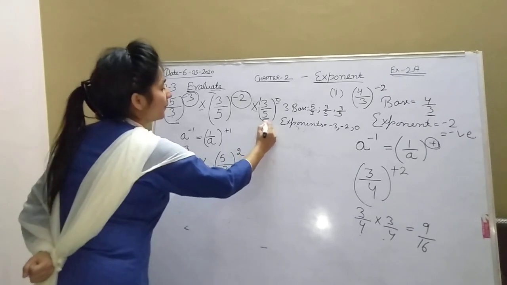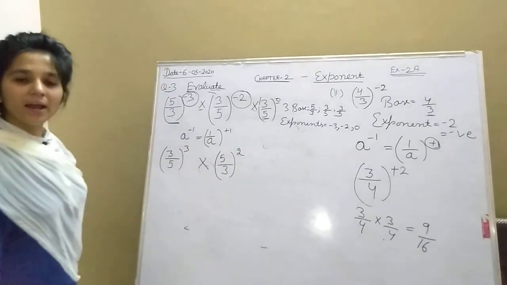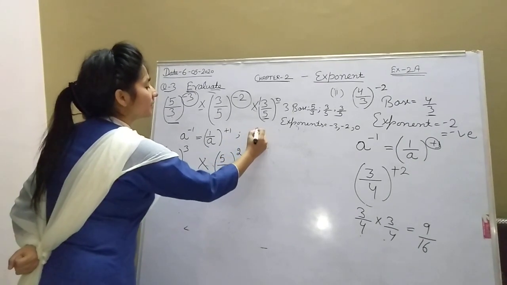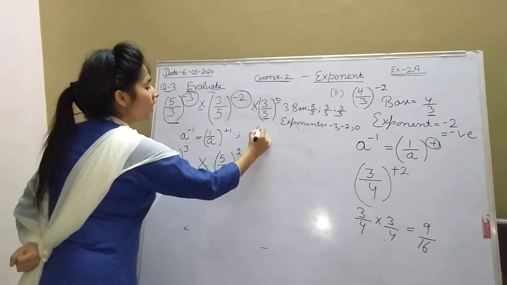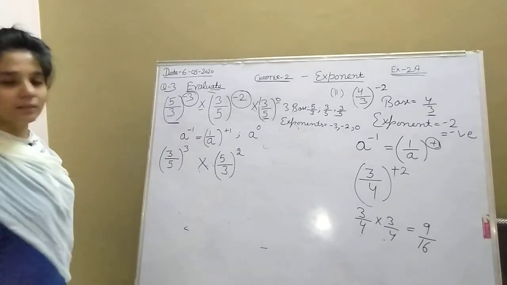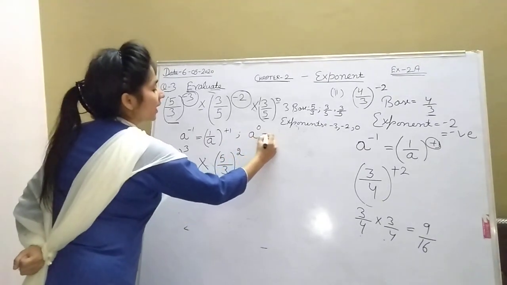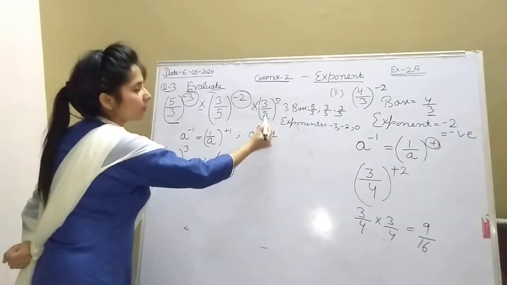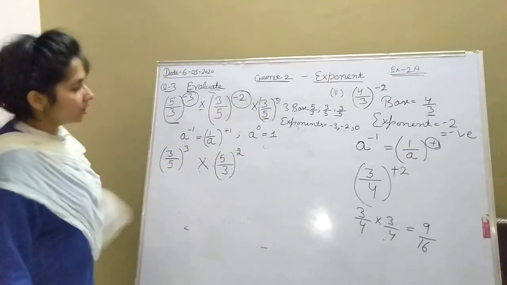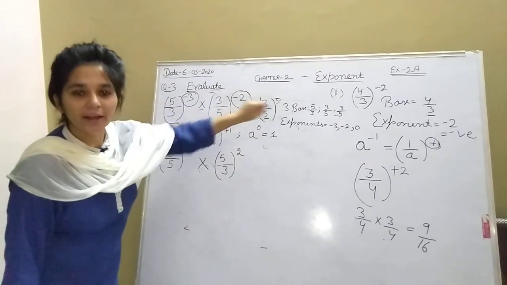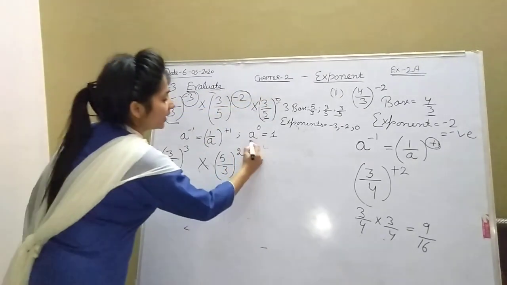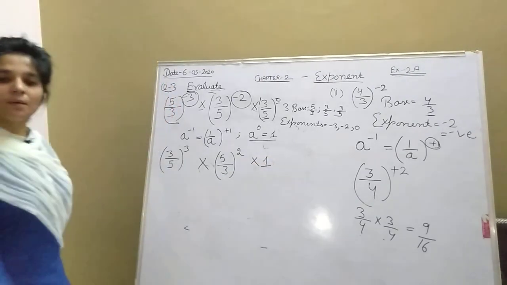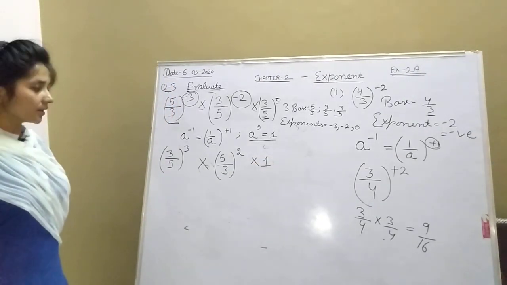And your third base is 3 by 5, a non-zero integer with the exponent 0. The result is equal to 1. Your base is 3 by 5 and the exponent given is 0. The result will be equal to 1.